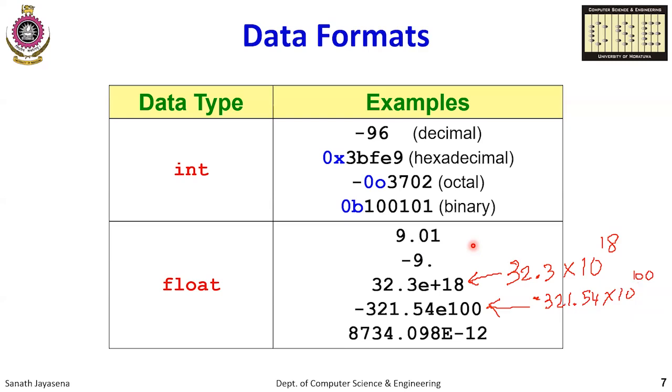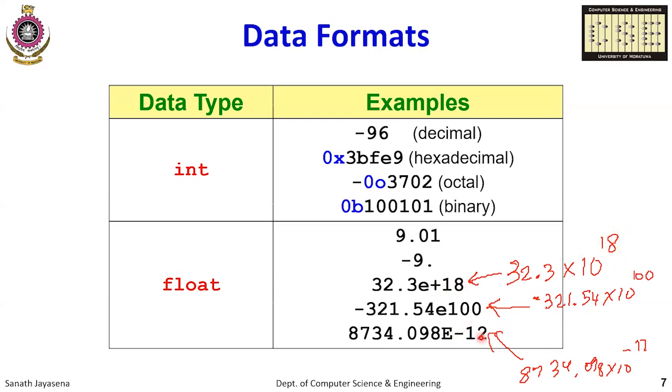And then the last one, again I think we can understand, is 8,734.098 into 10 to the power minus 12. The differences are that a plus or minus sign can be there. It's optional. For this one it doesn't make a difference, 18 is 18.